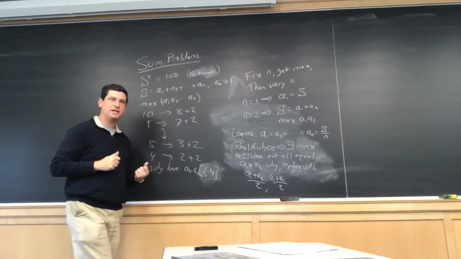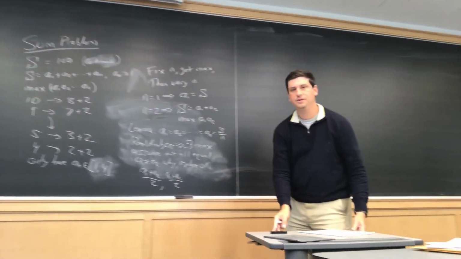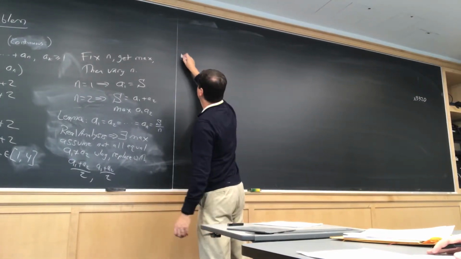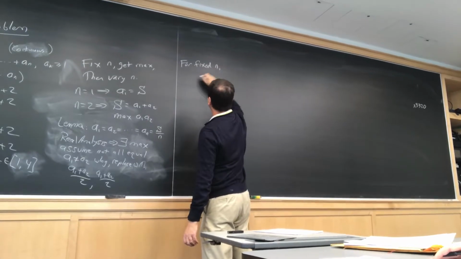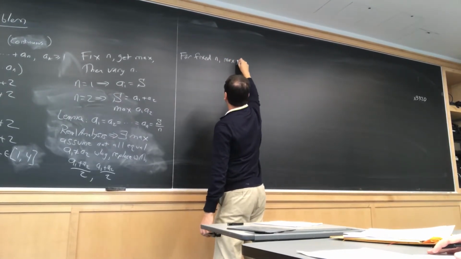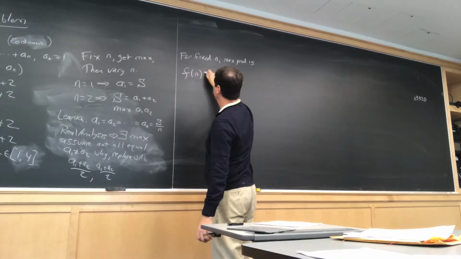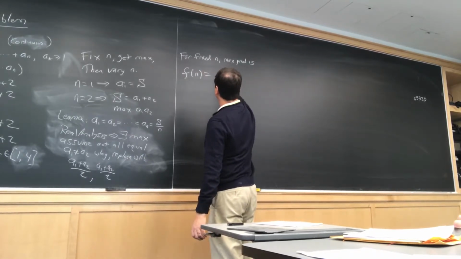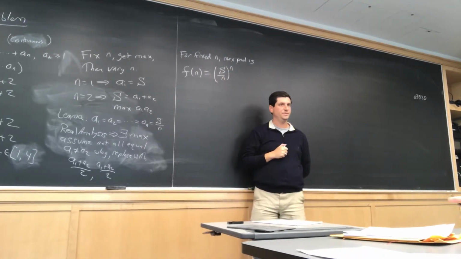So now we want to maximize with respect to n. So what we can do, for fixed n, the maximum product is going to be, let's call it f of n, and it's S divided by n to the nth power. And now we're getting to the point that's going to really lead into operations research.